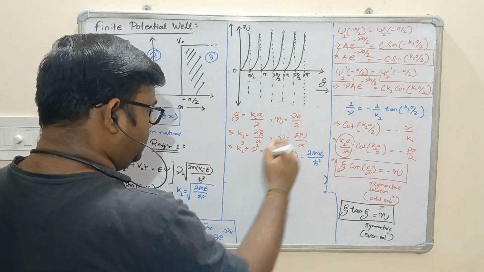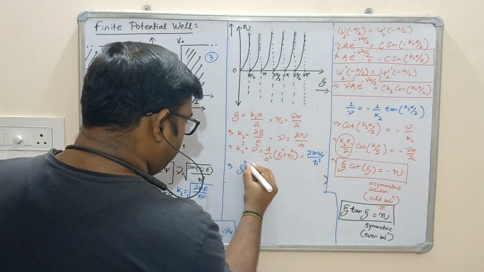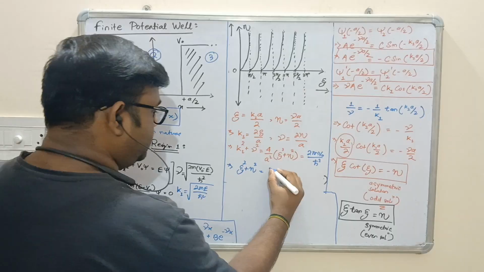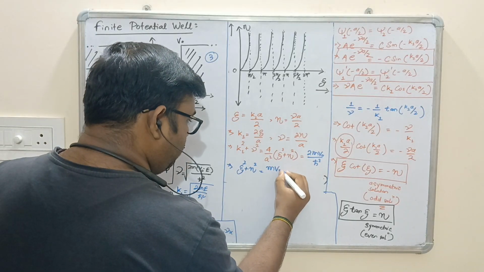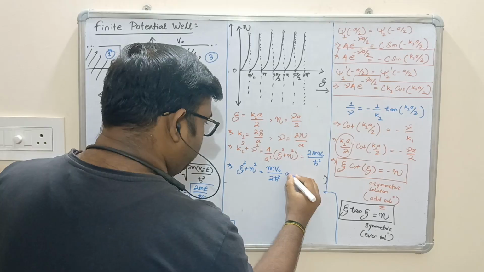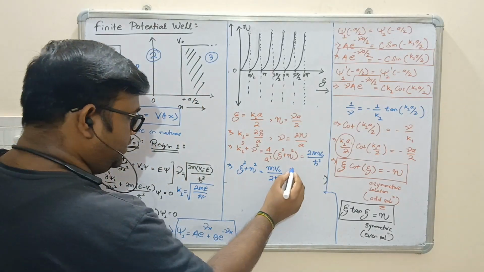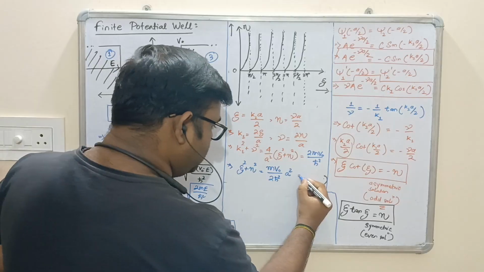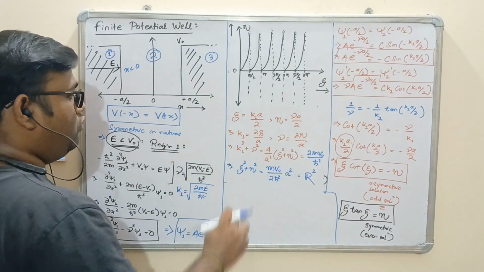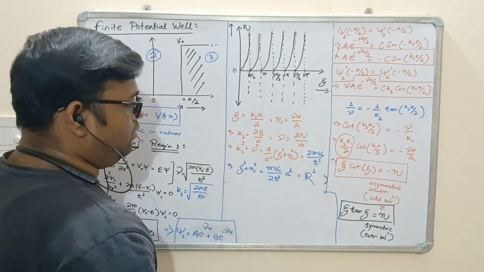Now if we use this, then our E square plus eta square becomes m v naught by 2 h bar square into a square. Got it? We can assume this term to be your r square. Now look at this. Is it not an equation of x square plus y square equal to r square?